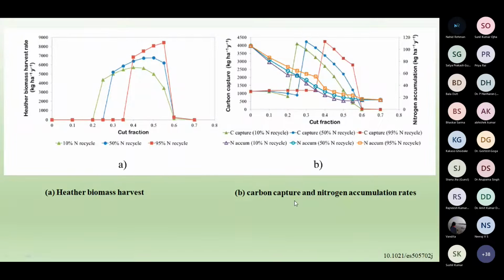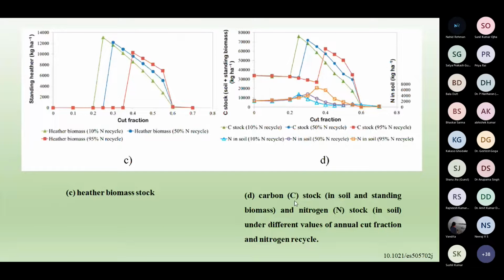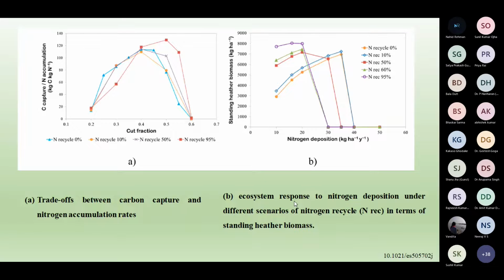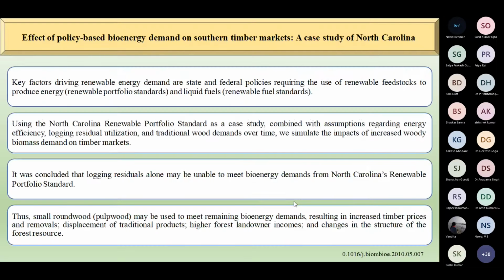And then they created the data to know how much nitrogen is recycled and how much carbon enters the soil or is converted to biogas, as you can see in these plots. So this was the case study done there.